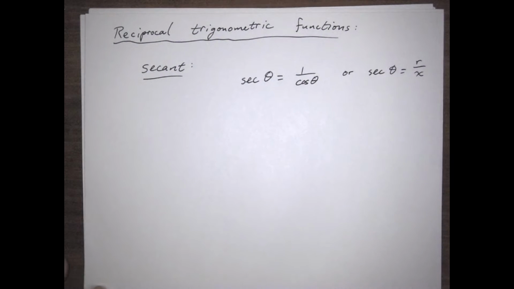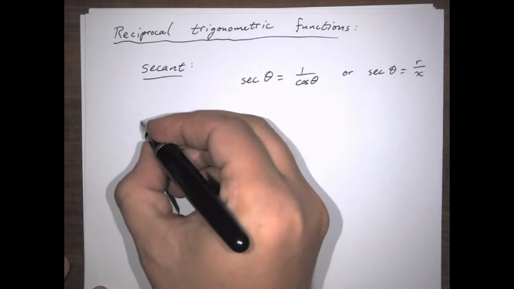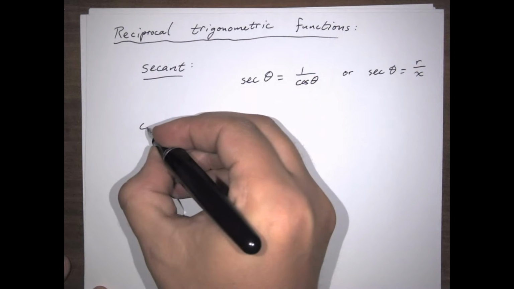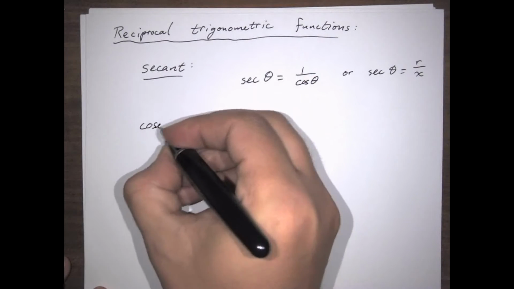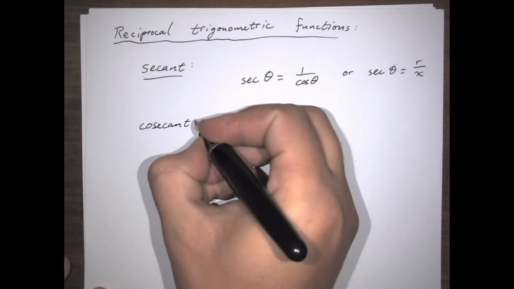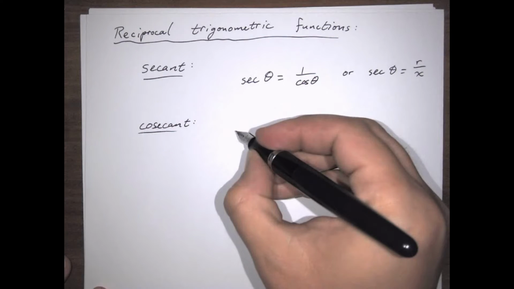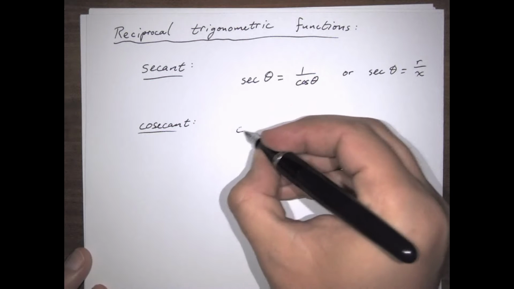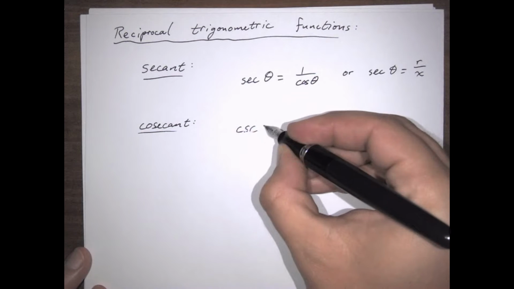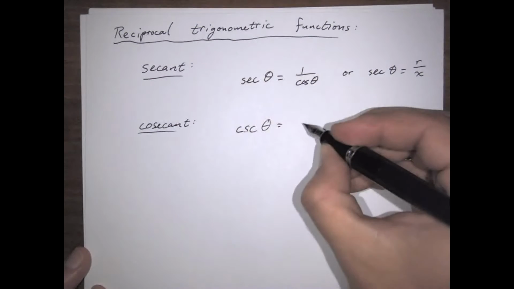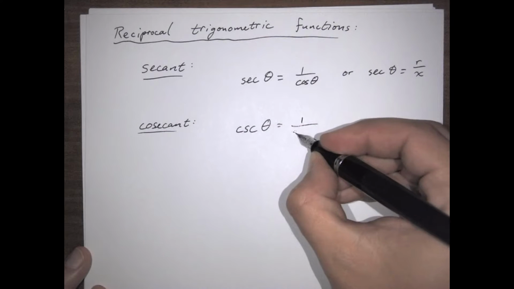Okay, and then for the cosecant function, there's its complementary, its co-function, as it's often said. So cosecant. This one is the reciprocal of sine. So cosecant theta is equal to 1 over sine theta.